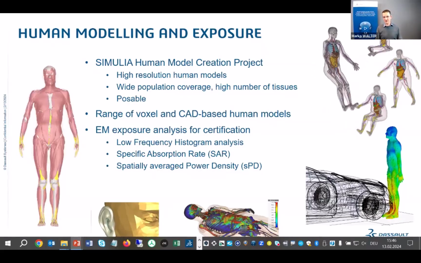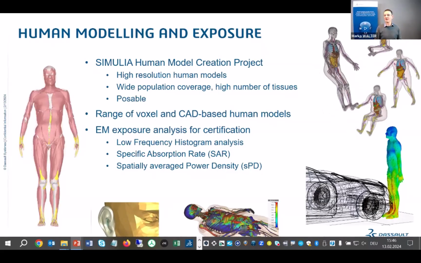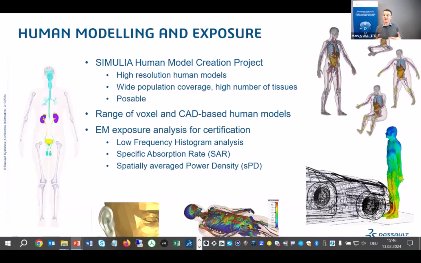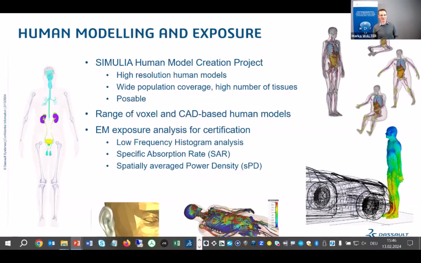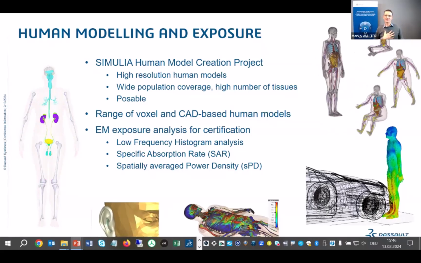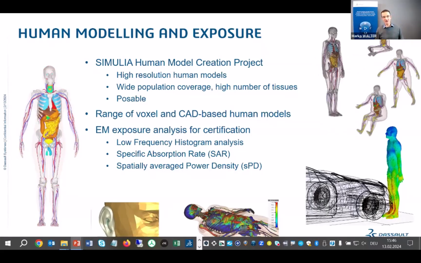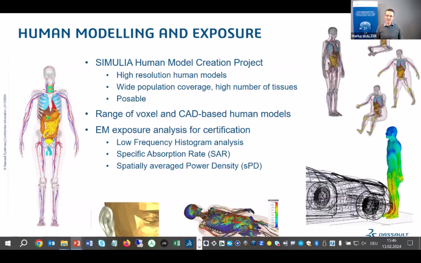They're high resolution. They cover a wide range of a population, both in terms of gender, in terms of shape and size, and of course in terms of age, because age affects the properties of the tissue type. So we have a number of human tissue types which have age-dependent material properties. And of course, as we can see at the top right, these are posable.